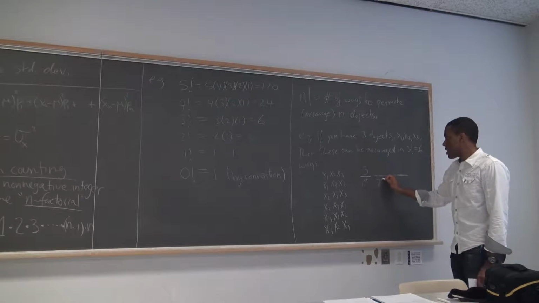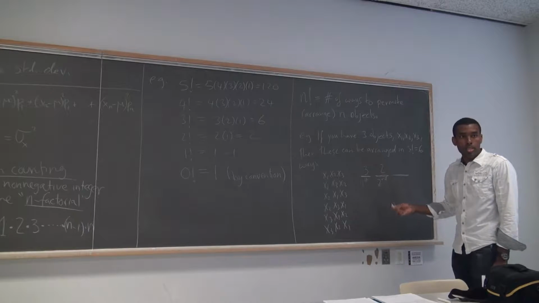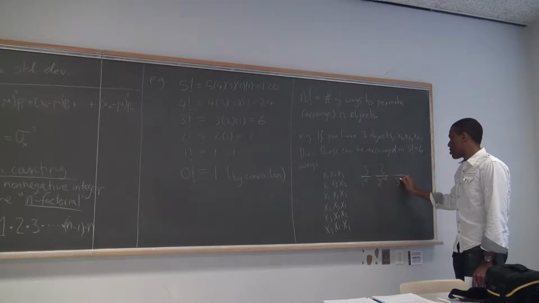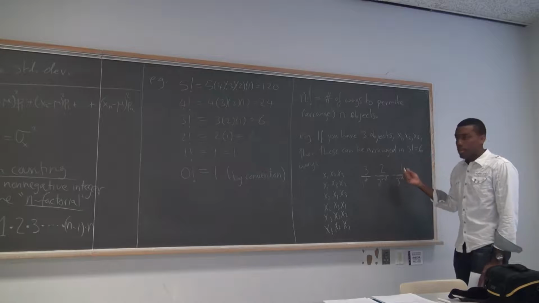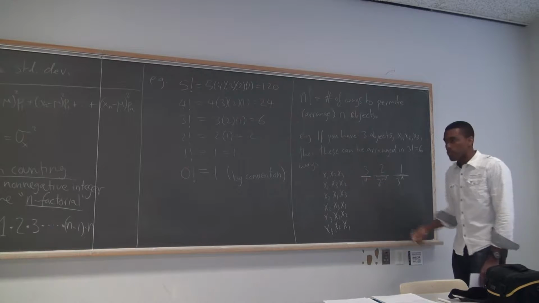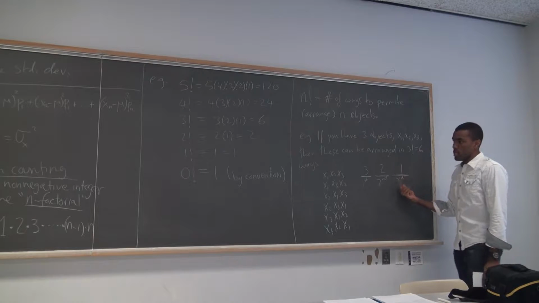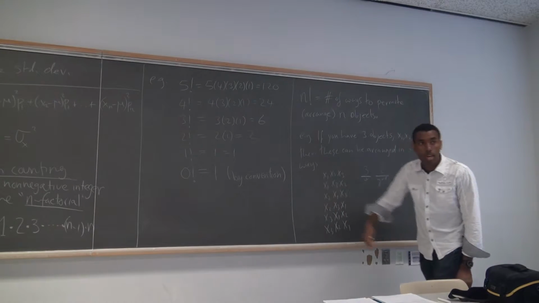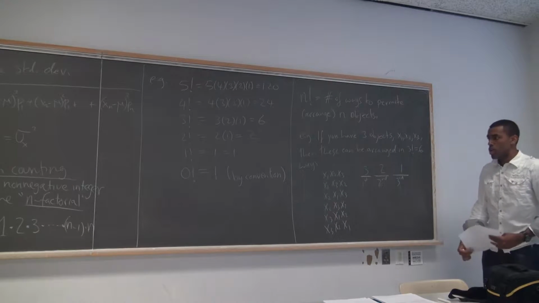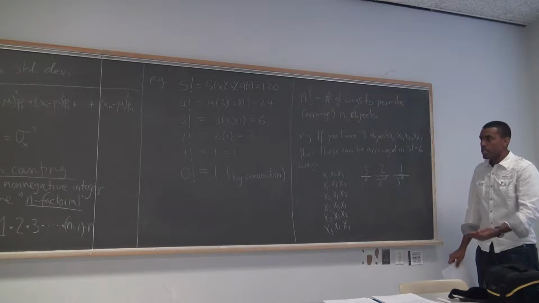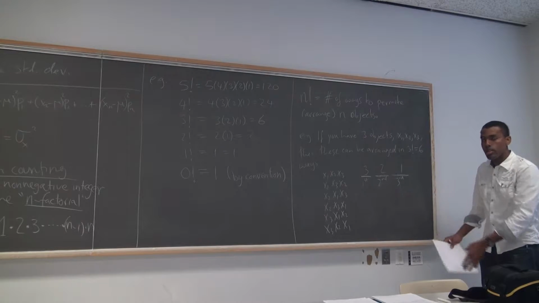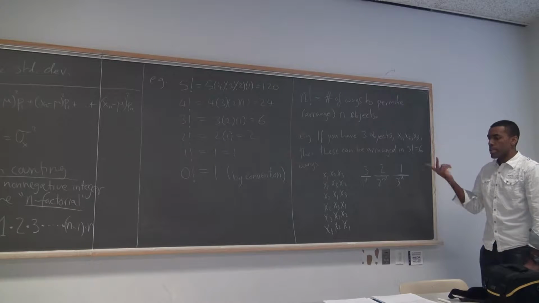Once you chose that, there are only 2 choices for second place. And then for the third place, there's only 1 left. This can generalize to higher numbers. Because of this multiplication rule principle, they developed a function that counts this. So if you need to arrange n objects, n factorial is how many ways you can do it. This will help you to count things.